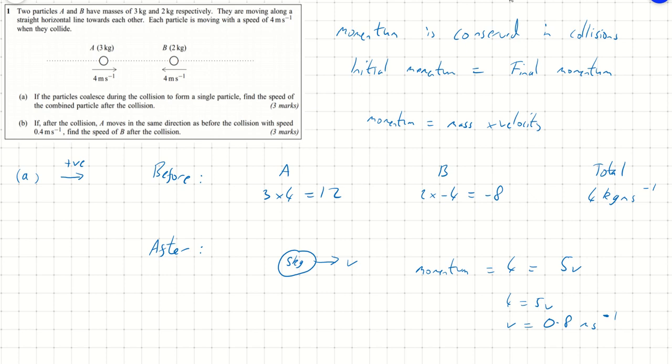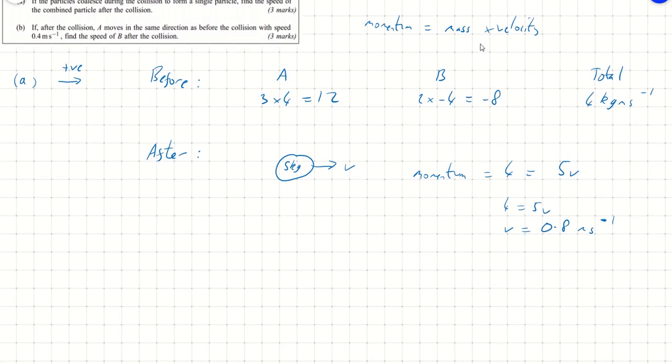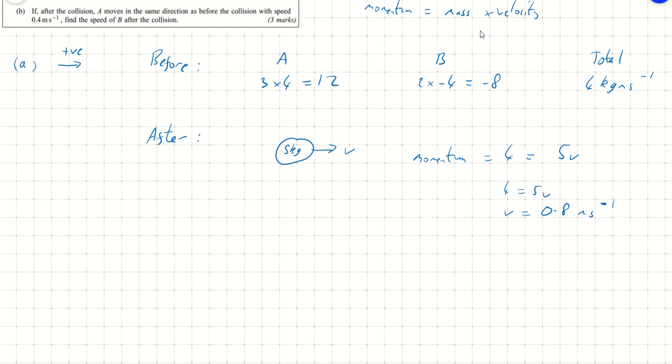Let's have a look at part B. Now the situation is slightly different because after the collision, A moves in the same direction as before with speed 0.4. So again, we'll look at after. A is 3 kilograms and it's moving at 0.4.